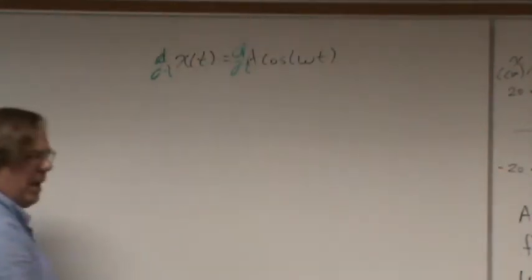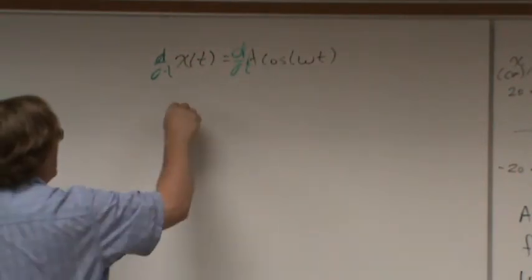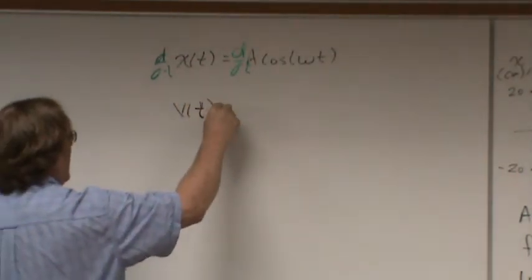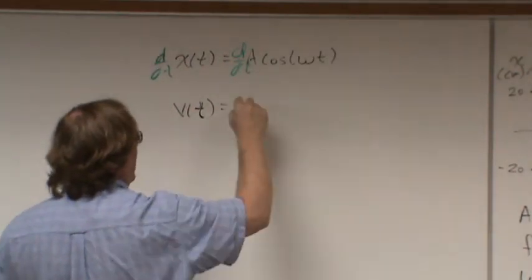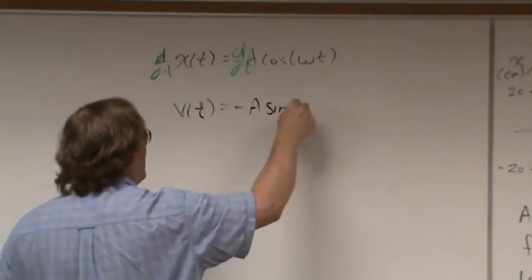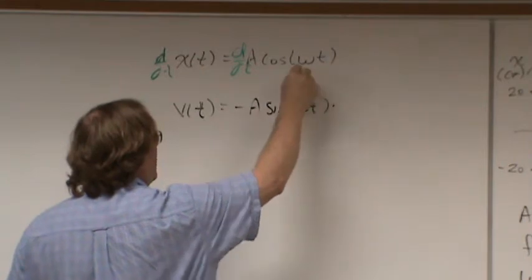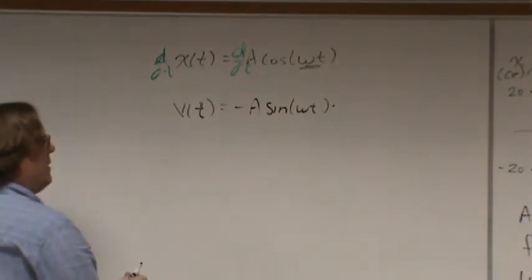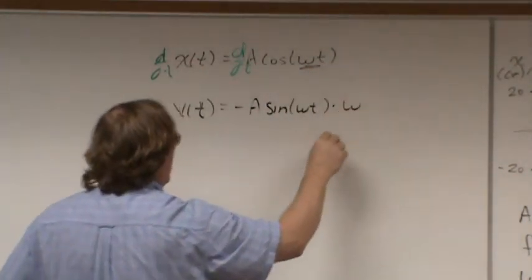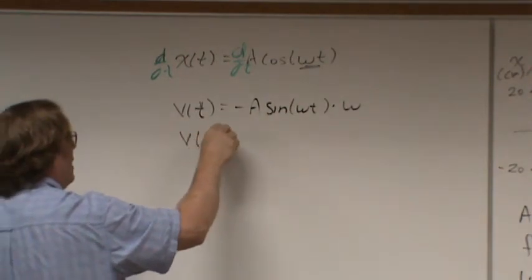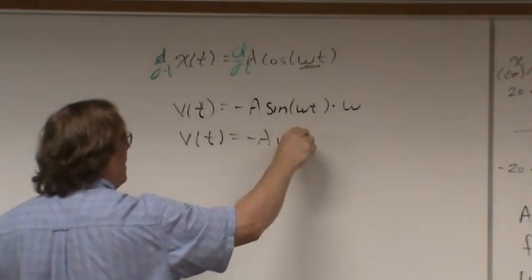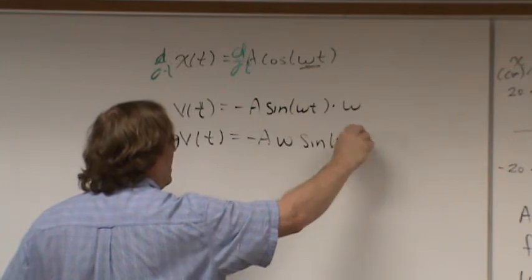Does anyone remember from calculus? What's the derivative of the position function? Velocity. Yeah, velocity, good for you guys. So I get velocity equals, and the derivative of the cosine is the negative sine, except I have to multiply by the derivative of what's in the parentheses. So I end up with my velocity being negative a omega sine of omega t.